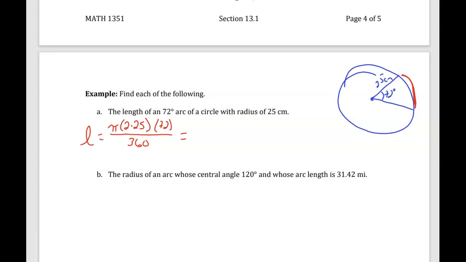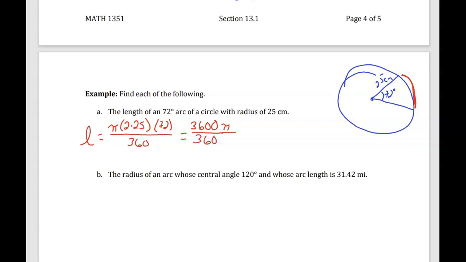Now 2 times 25 is 50, and then 50 times 72 is going to give me 3,600 all over 360, and that's 3,600 pi, because I still have my pi.